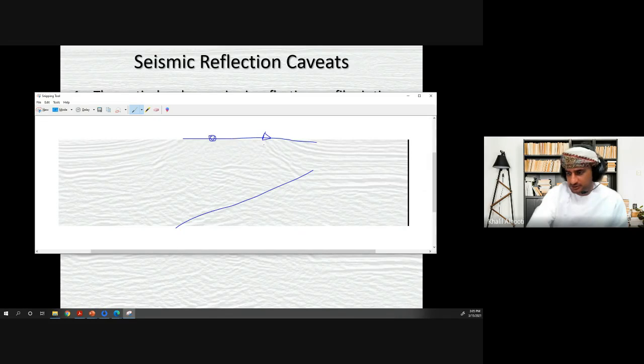Source and receiver. What do you think happens? It might go like that and return back. That's how it goes in reality. But you will see it like that.